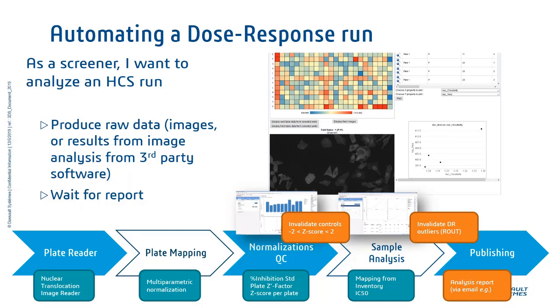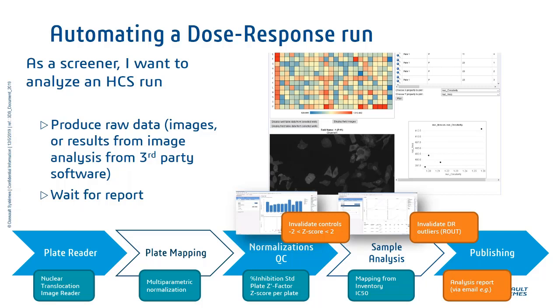And for the sample analysis, how could we replace the manual looking at each curve? Well, it was just looking into the literature, and we have implemented a method, ROOT. It's based on a robust dose fitting, and it automatically detects and invalidates outlier points.